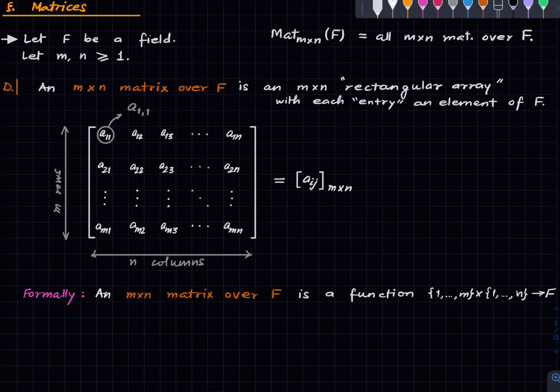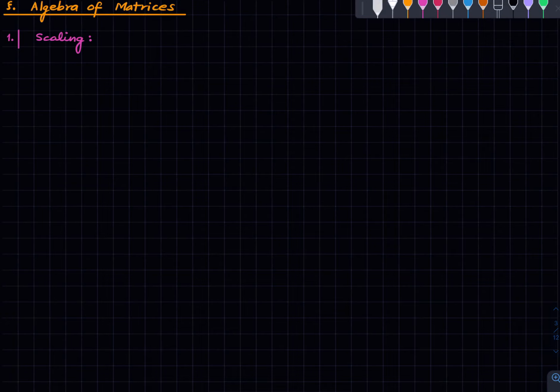All right. It's unclear what this has to do with linear algebra as of now. And before we connect it with linear maps, we will develop an algebra on matrices first.